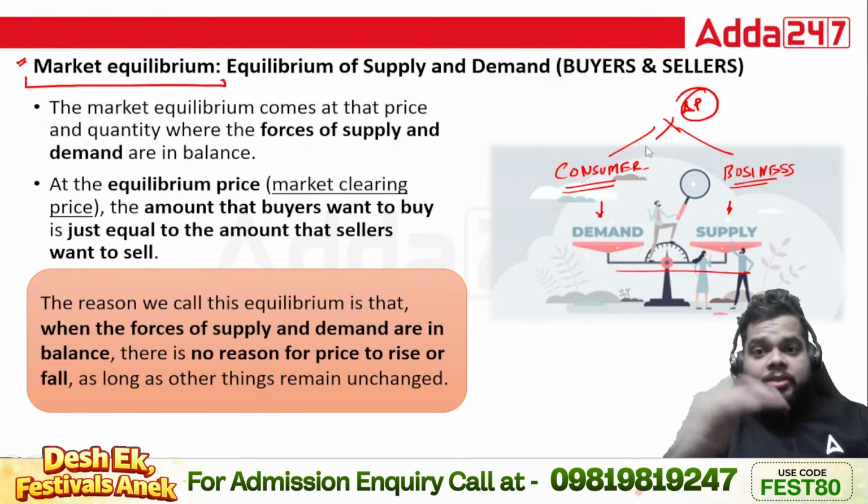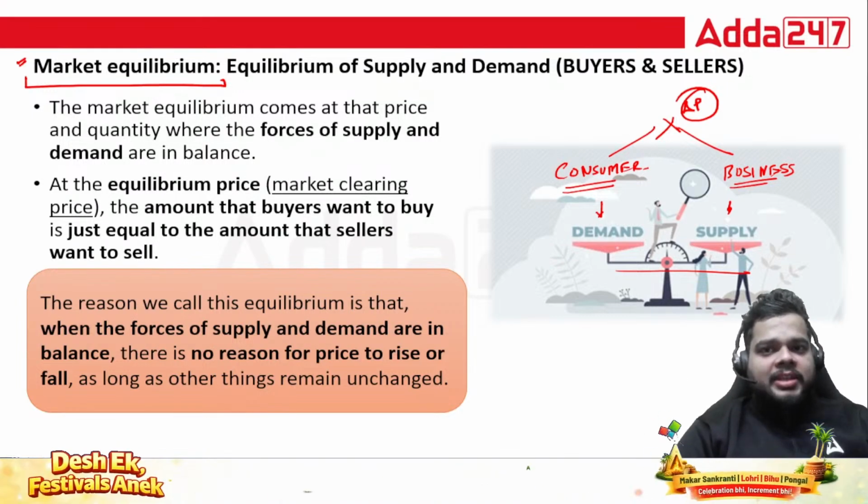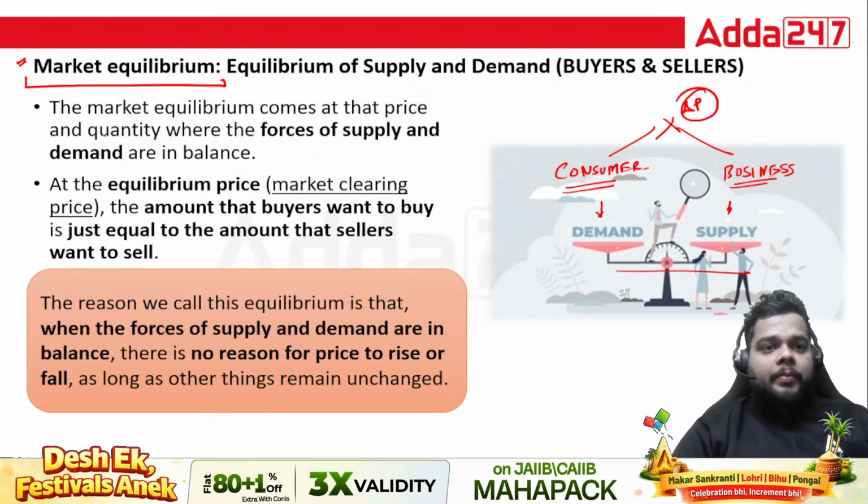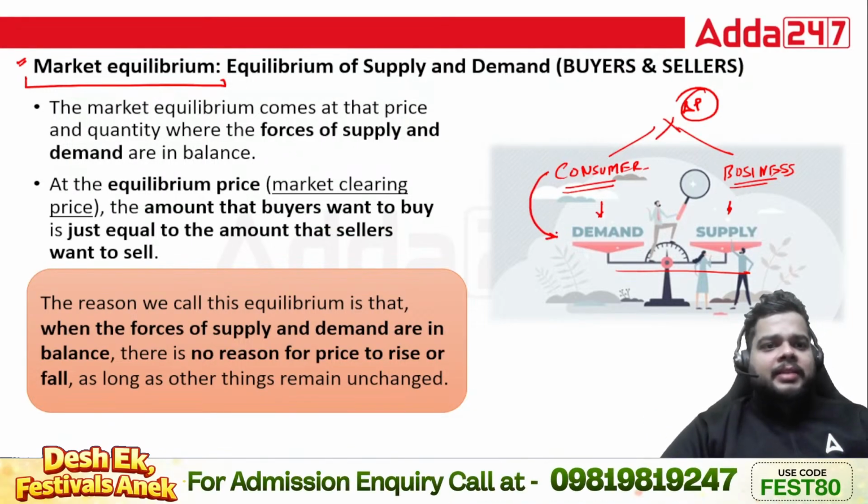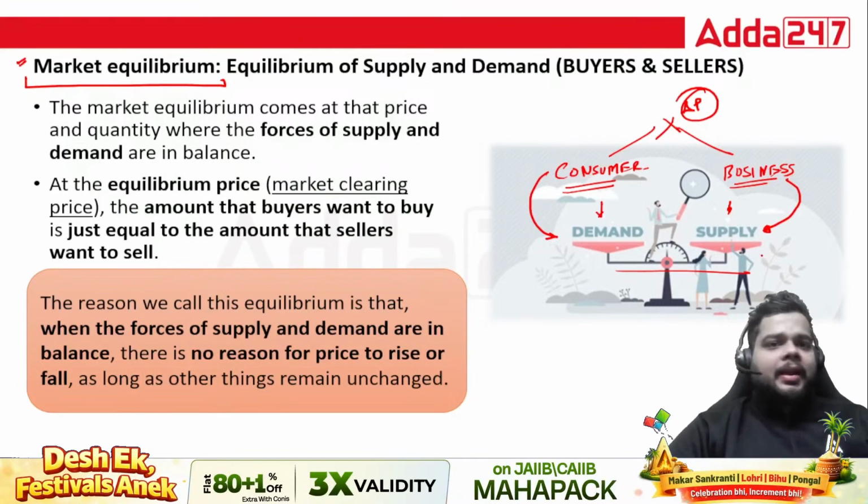If such a situation arises in the market, we say that market is in equilibrium. The consumers find no reason to change their demand, or for that matter, business firms have no reason to change their supply in the market.